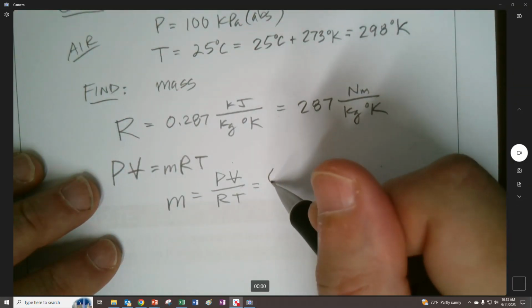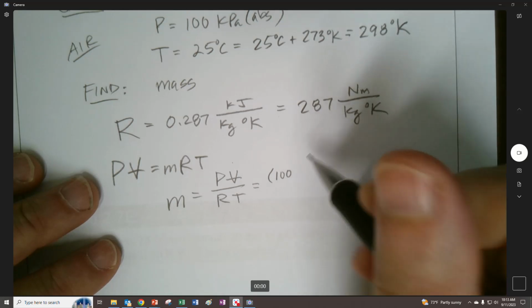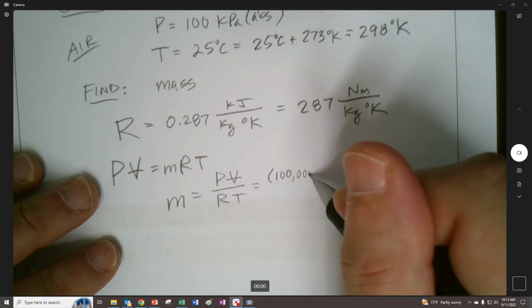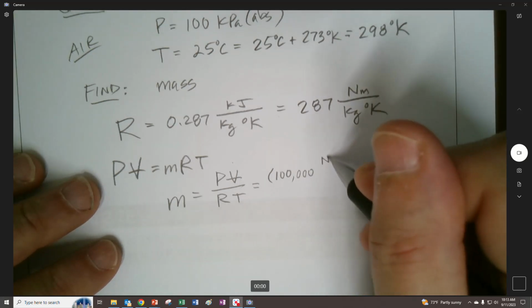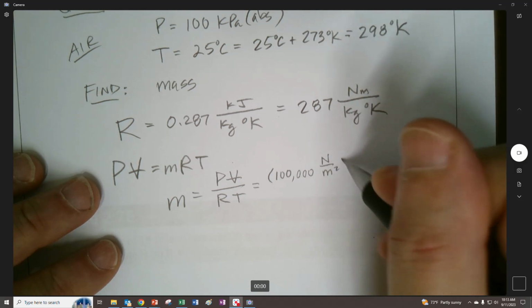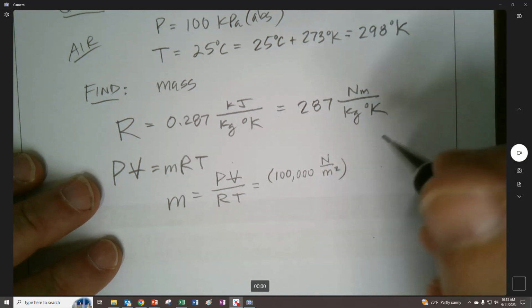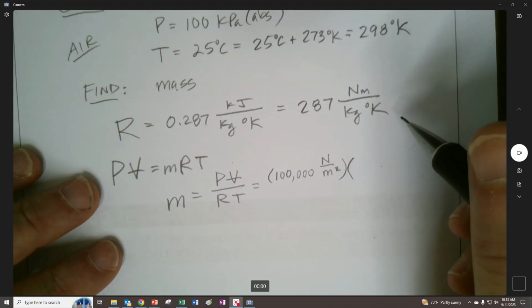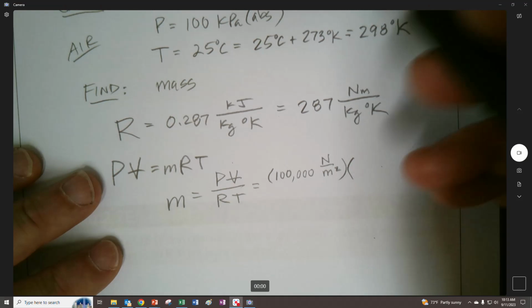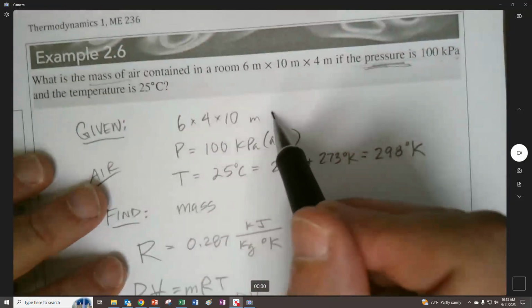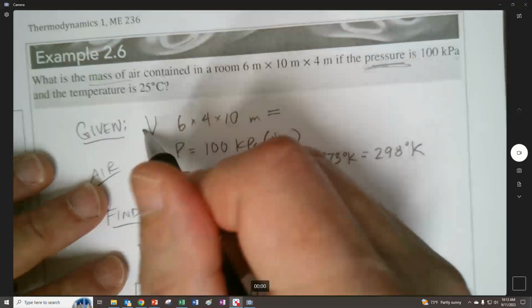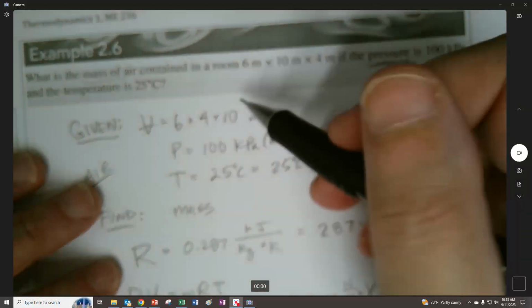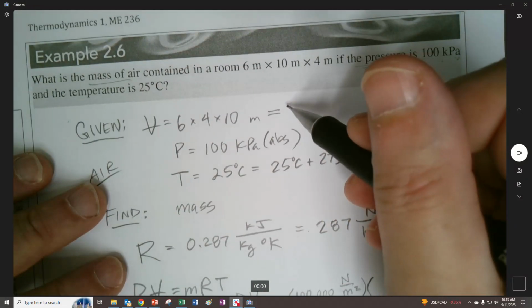The pressure is 100 kilopascals, so that's 100,000 pascals, which are a Newton per meter squared. It's always good to go to base units. The volume, which we could have figured up above, is going to be 6 by 4 by 10, so what is that, 240?